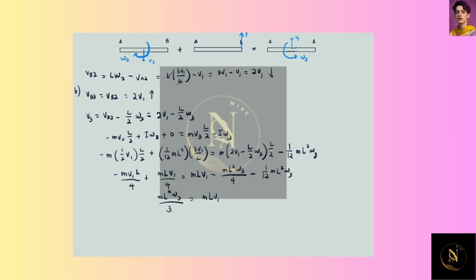So from here, we can get omega 3. Omega 3 is equal to MLV1 times the reciprocal, 3 over ML squared. So that would be equal to 3V1 over L, in the counterclockwise direction.